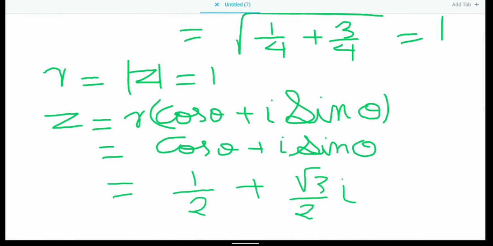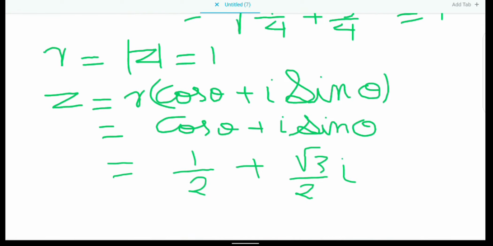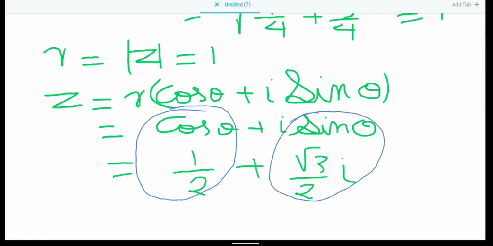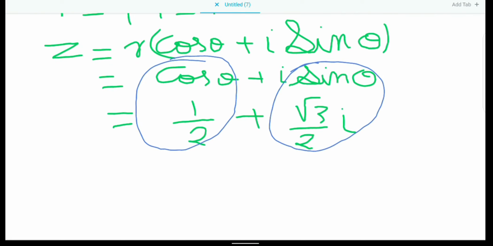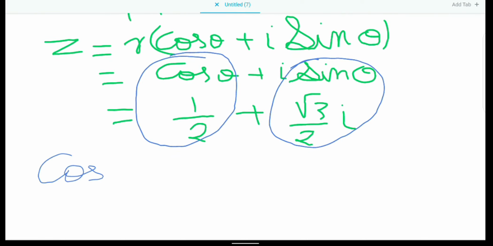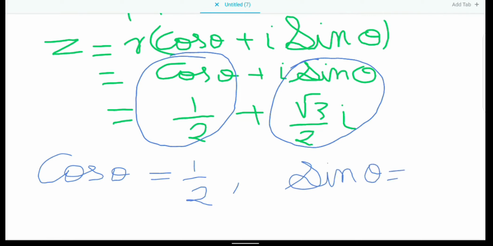Now if two complex numbers are equal, then their real parts must be equal, and so do their imaginary parts. Obviously, we should take cos theta equal to 1/2 and sin theta equal to √3/2. And both should be true.